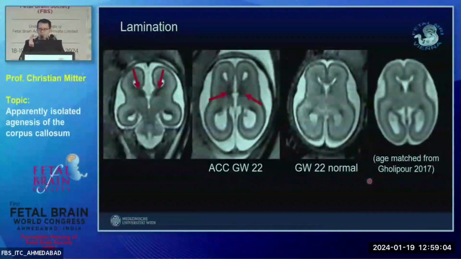So every time you see a very prominent ganglionic eminence, you should classify it as an abnormal lamination. Because here again, interneurons are created. An abnormal size may be related to an abnormality of migration to the cortex, which probably has profound neurological sequelae. So a case like that would score with 2 points.